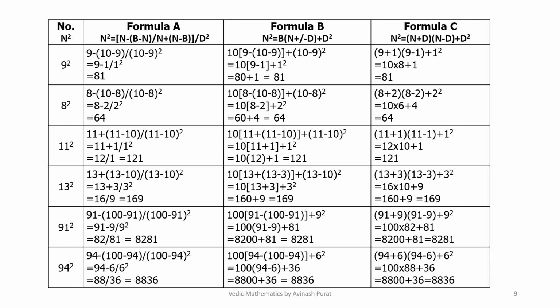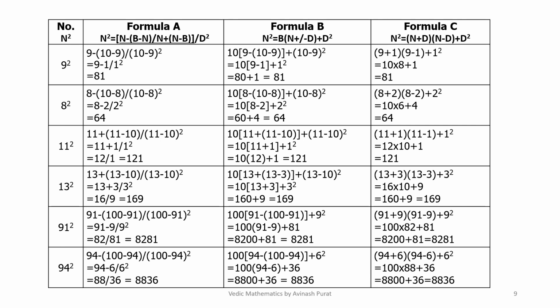Third example, 11 squared. 11 plus (11 minus 10) stroke (11 minus 10) squared equals 11 plus 1 stroke 1 squared equals 12 stroke 1, that is 121.